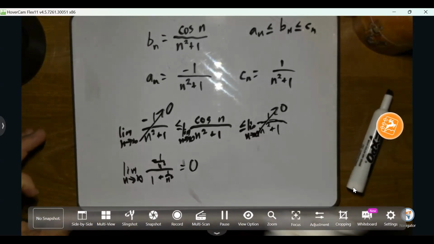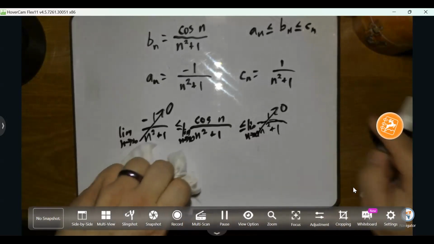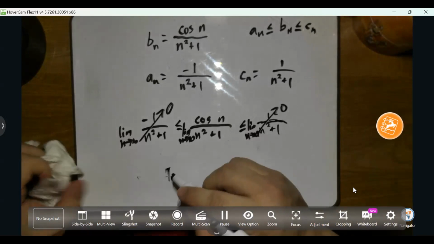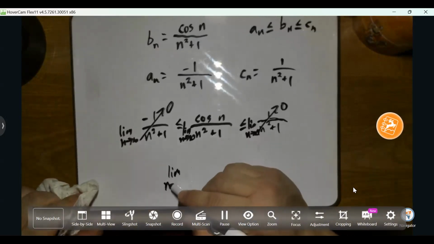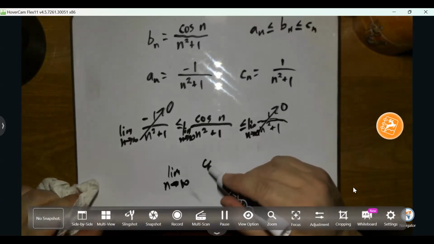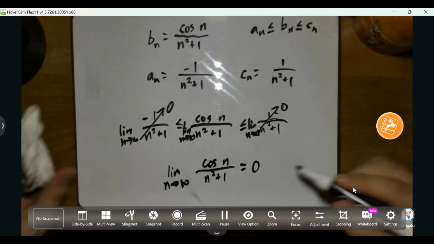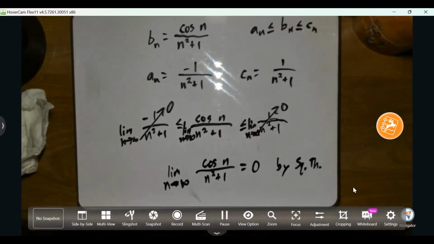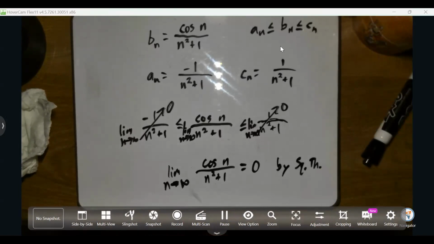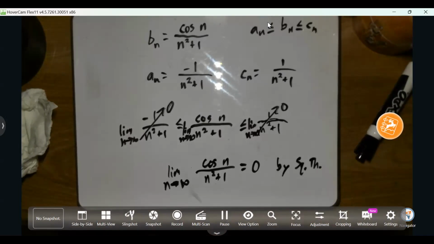And so we conclude that by the squeeze theorem, the limit as n goes to infinity of cosine n over n squared plus 1 also has to be 0. So that is our squeeze theorem.